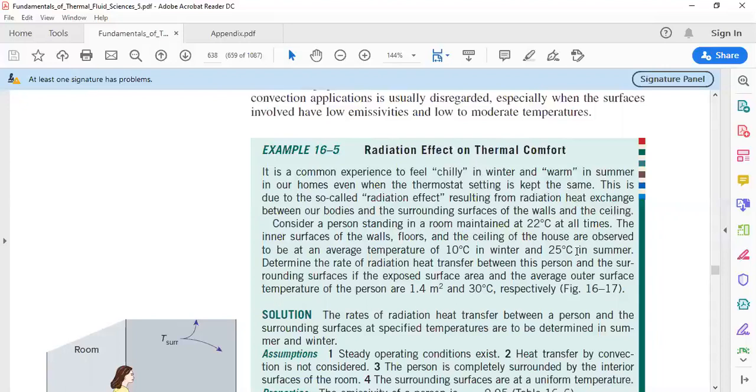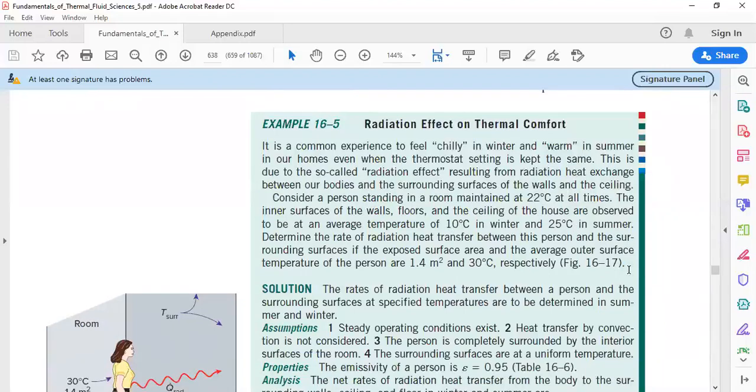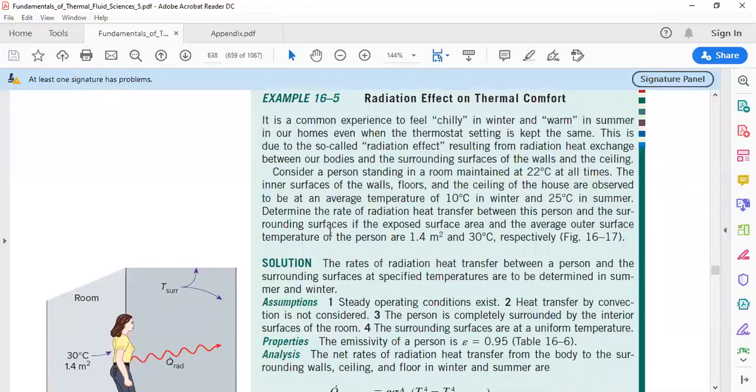The room is maintained at 22 Celsius degrees, while the walls, floors, and ceilings of the house are observed to be at an average temperature of 10 Celsius degrees in winter and 25 Celsius degrees in summer. Determine the rate of radiation heat transfer between this person and the surrounding surfaces if the exposed surface area and the average outer surface temperature of the person are 1.4 meters squared and 30 Celsius degrees respectively.